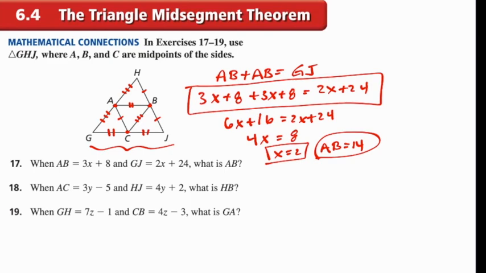So if we look at this AC and HJ, it's the same as what we did before. AC is going to be half of HJ, so we need to account for AC twice. So we can say 2 times 3y minus 5 is equal to 4y plus 2.